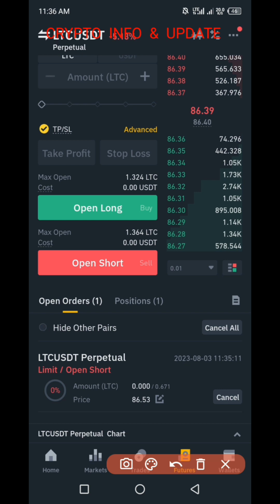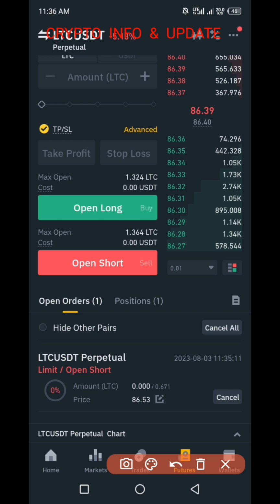I placed the second entry just the same way I placed the first, by inputting the entry price, in this case 86.53. You place it, and it will be pending under open orders until it gets filled.